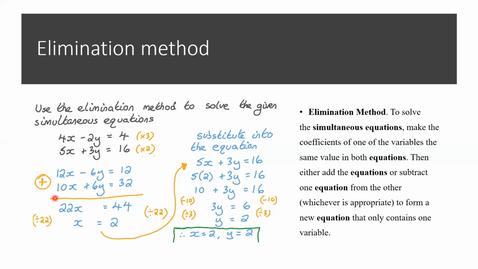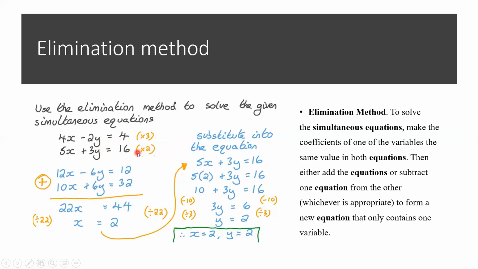Okay, right. Let's look at this example here. As you can see here, guys, -2y and 3y. So I'm going to use number 3 for this equation, and number 2 for this equation. I'm going to make the y's equal and in opposite signs. One is going to be positive, the other one is going to be negative.